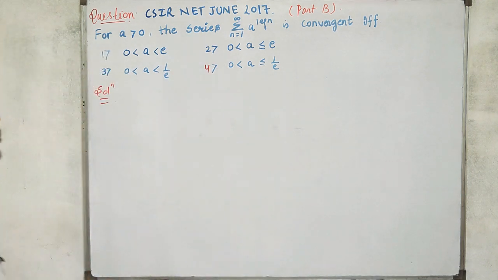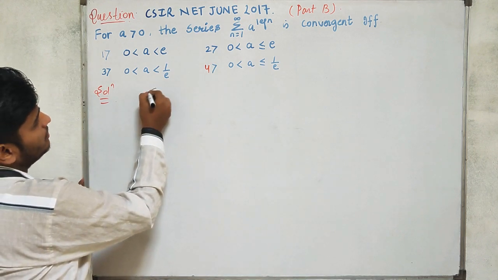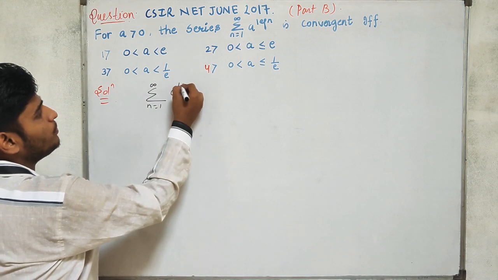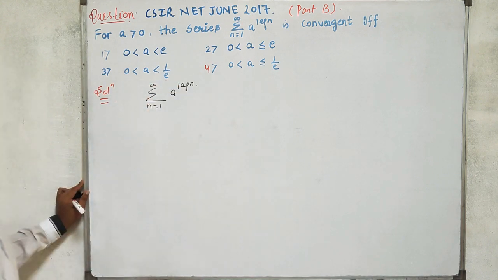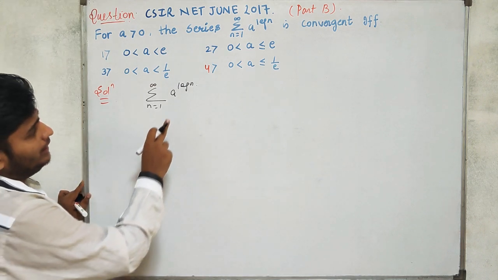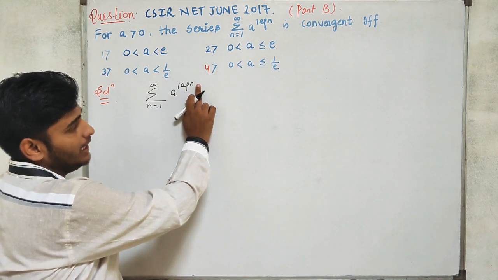Now come to the solution part. The given positive term series is summation n going from 1 to infinity of a raised to power log n. Now this series can be written as, we interchange the values of a and n here.